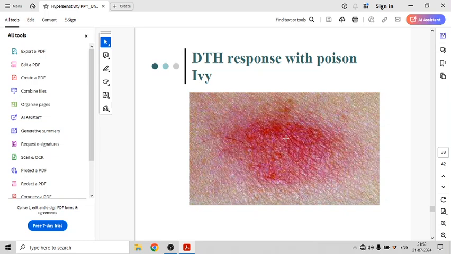It doesn't result in ulceration, but the erythematous patch that develops there will be highly itchy. It will be itchy because of the inflammatory cytokines released in that area due to the reaction of the antigen as well as the macrophage infiltration in that area.